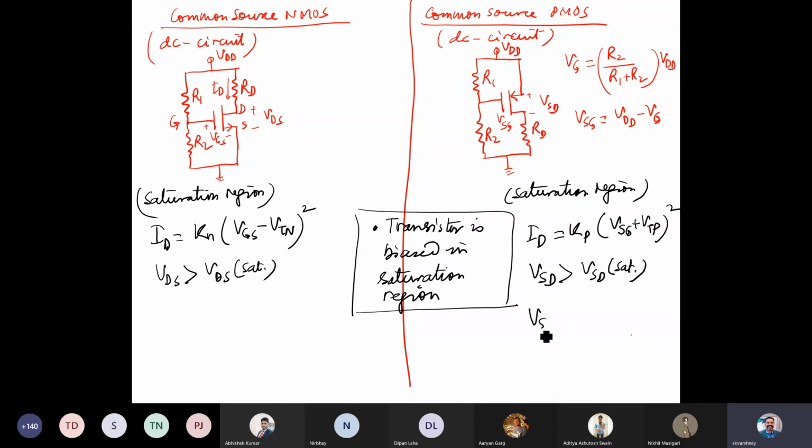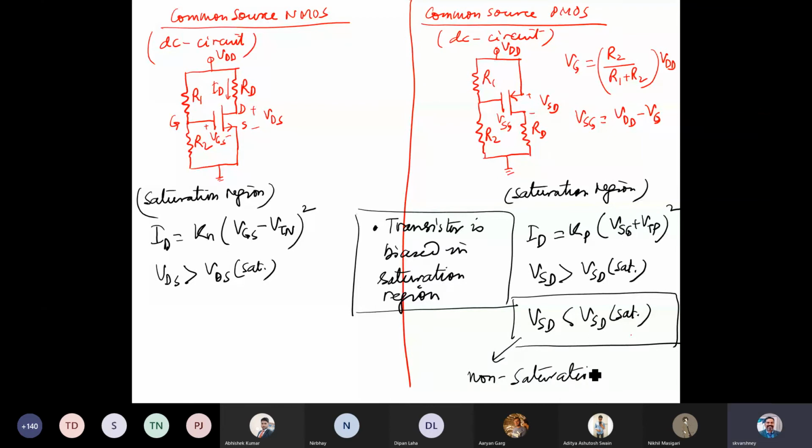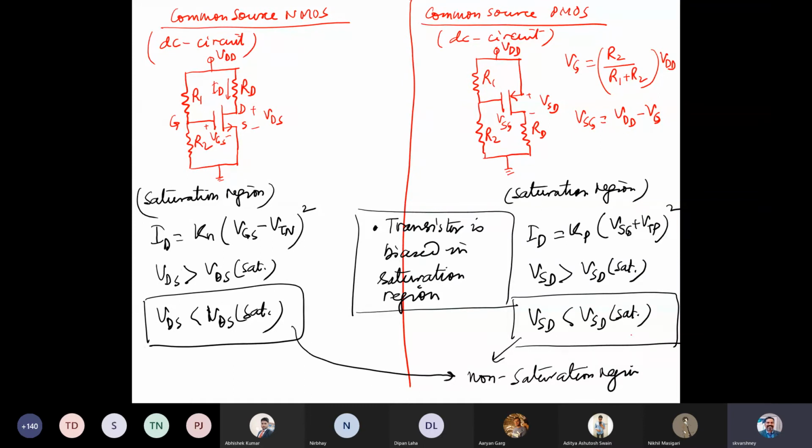If VSD is less than VSD saturation, the transistor is in the non-saturation region, that is, the triode region.